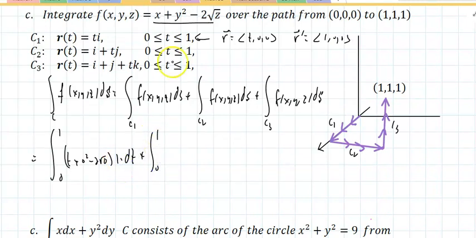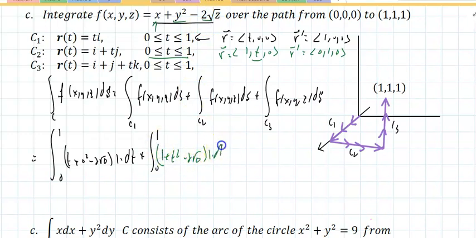When I get to the second piece, I am looking at r being 1, t, 0. So r prime is 0, 1, 0. So it's going to be, again, I'm going to put a 1 for x, a t for y, and a 0 for z, 1 dt, plus 0 to 1 along r3.